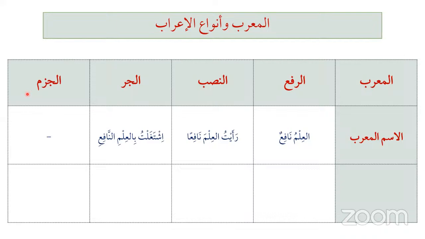But this grammatical mood does not apply to nouns because you don't get lam, lamma, or in coming before nouns such that they govern them and put them in the state of jazm. Okay, so when it comes to al-ism al-mu'rab, only three moods apply. Jazm would not apply to al-ism al-mu'rab.